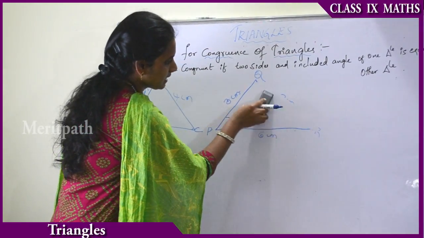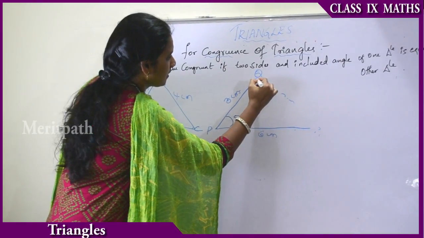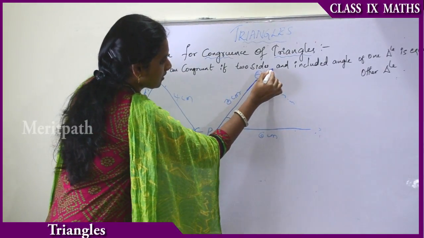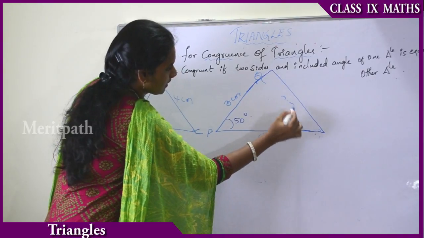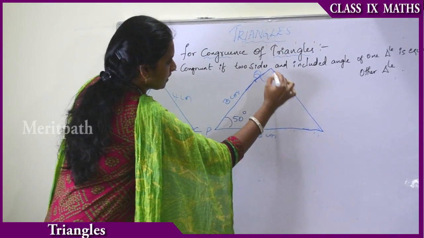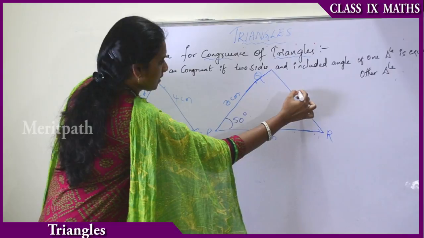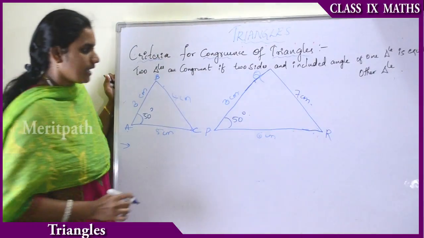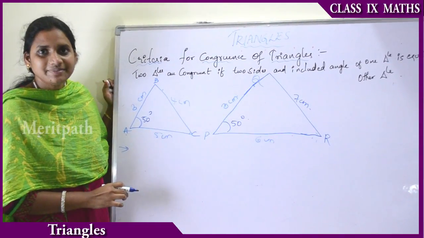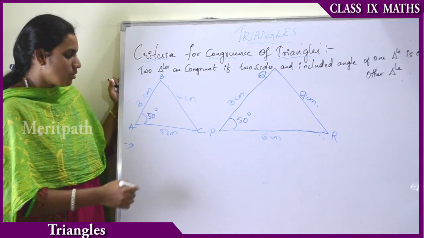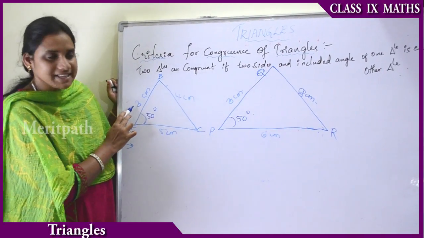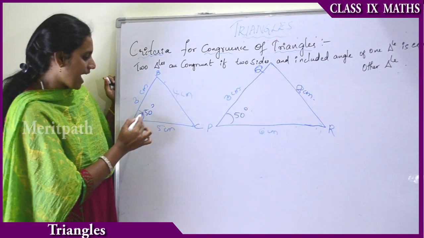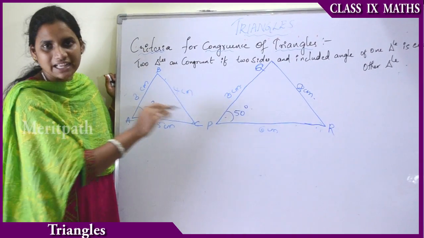Are these two triangles similar? Now we have taken one side as equal and one angle as equal in these two triangles, right?